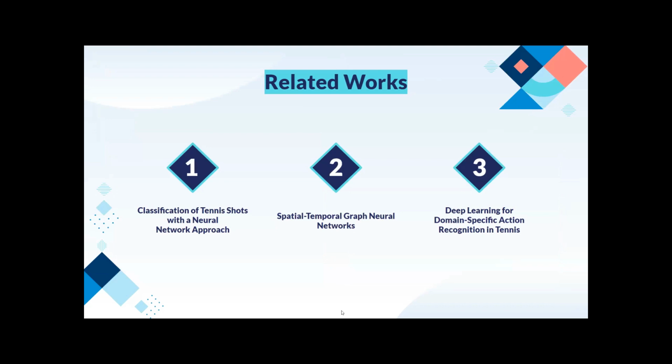So first, let's introduce some related works. These are three related works that I found very relevant to what I'm doing. The first one is classification of tennis shots with a neural network approach. Unlike our visual approach, this approach uses accelerometers, gyroscopes, and magnetometers, and uses the data from those to classify different tennis shots.